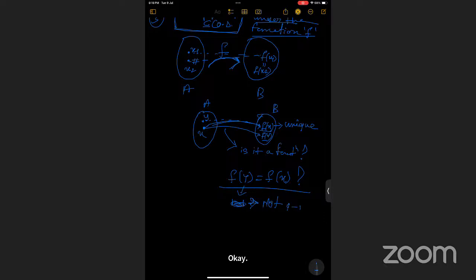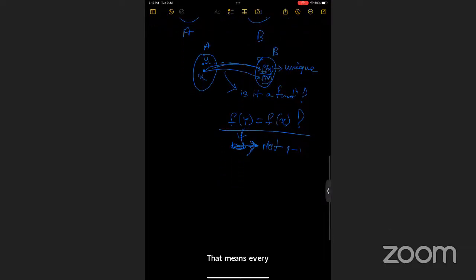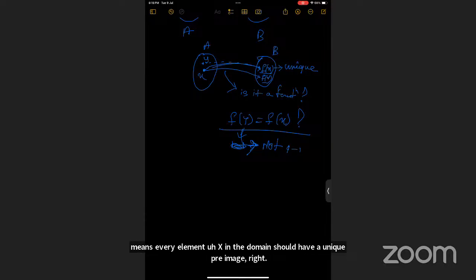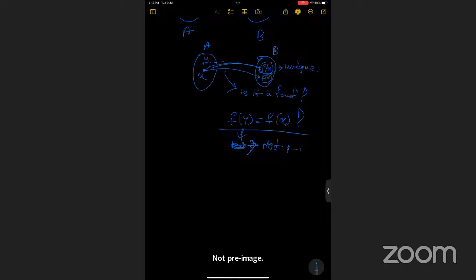That means every element x in the domain should have a unique image. Not pre-image, unique image. Here this point can have more than one pre-image, but every point in the domain has to have a unique image.